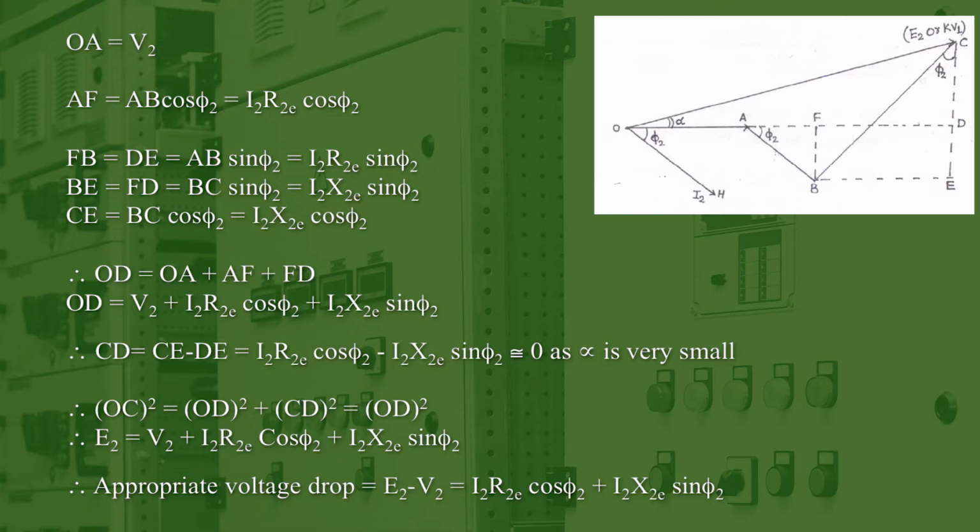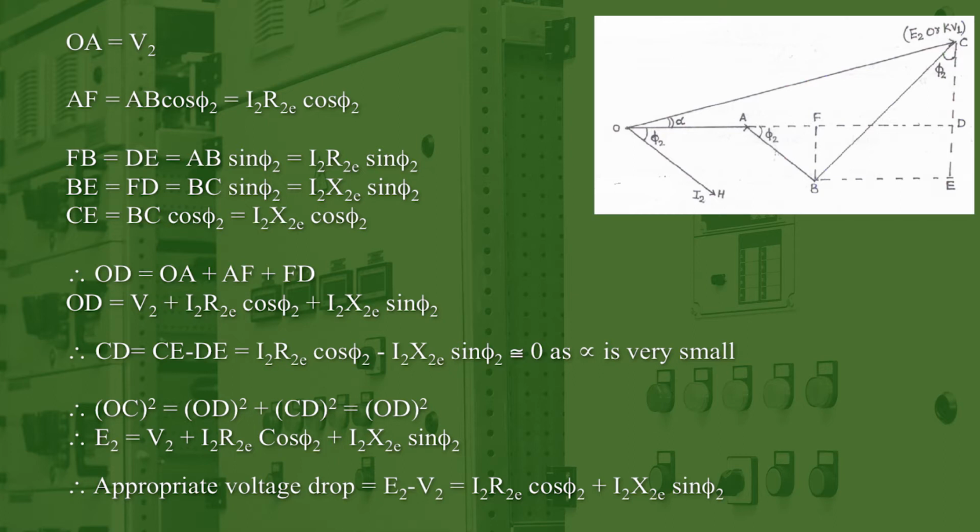Now if you want to calculate the value of AF, AF is a horizontal component and its value can be written as AB cos phi 2. And what is AB? AB is the product of I2 into R2E. So AF is equal to I2 R2E cos phi 2.